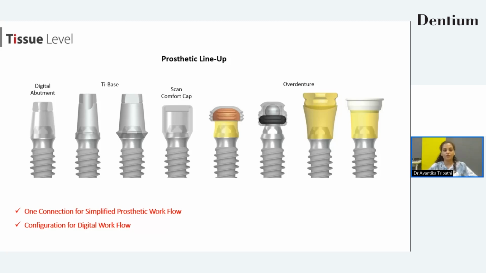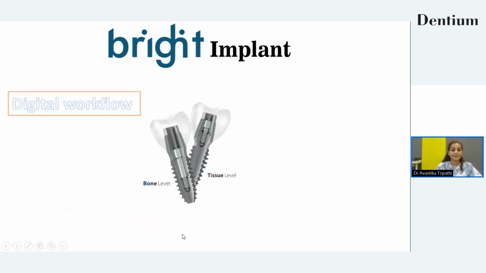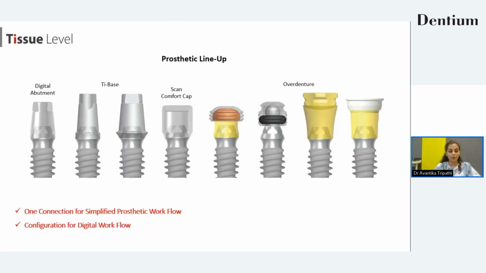You just have to put an abutment over it, make an impression, and then send it for prosthesis fabrication. Later on, when we talk about the prosthetic components and the digital workflow of the system, we will talk about the ease of the prosthetic components also, how simple and how beneficial they are.